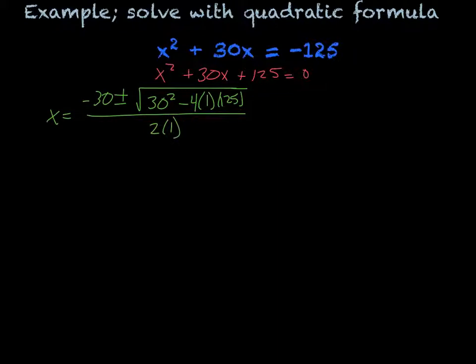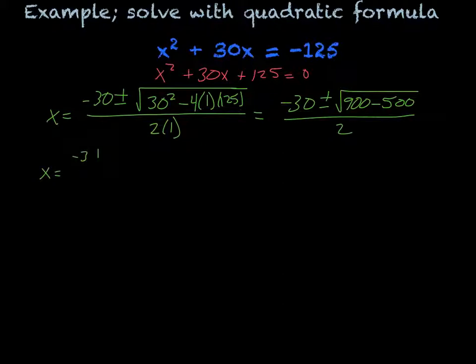So if I simplify this, I get negative 30 plus or minus the square root of 900 minus 500 over 2. So x equals negative 30 plus or minus the square root of 400 over 2. The square root of 400 is 20 over 2.